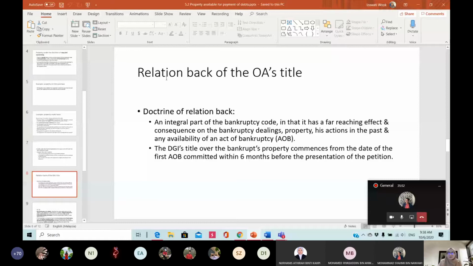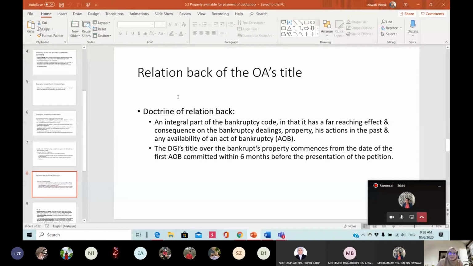So this is another situation in which the DGI may also have ownership over the property of the bankrupt, even though the property has been transferred to someone else. Yeah, within certain timing. Yeah? Let us look at this one.